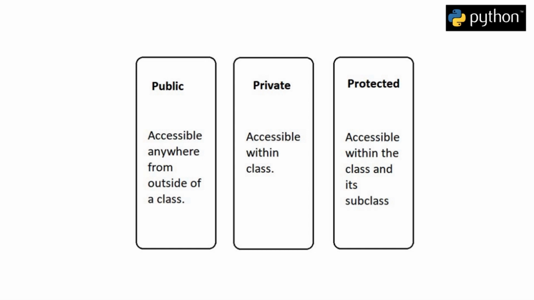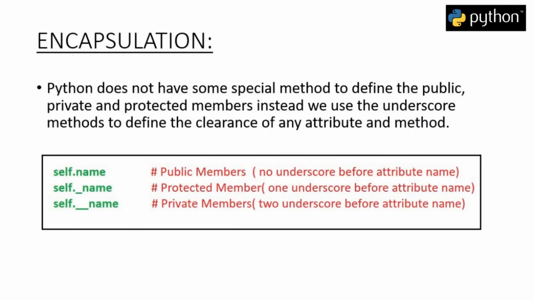So how do we categorize any member, method or attribute as public, private or protected? Python provides us a very unique way of categorizing it: the underscore method. For example, if we want to categorize an attribute as a public member, then we write no underscore before the name of the variable and it will be considered by Python as a public member.